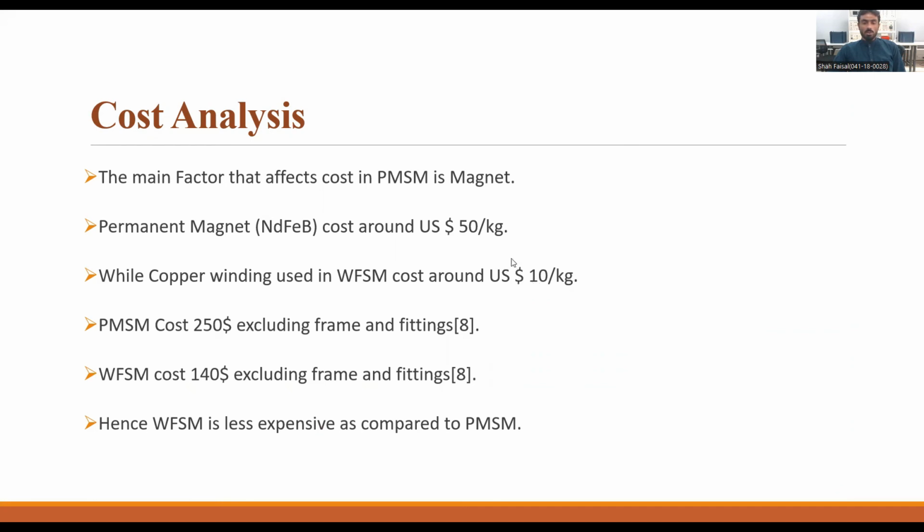There is a $40 difference between the windings and the magnets. A permanent magnet synchronous motor costs $250 excluding frame and fitting, while the wound field synchronous motor costs $140 excluding frame and fitting. Hence, the wound field synchronous motor is less expensive than the permanent magnet synchronous motor.